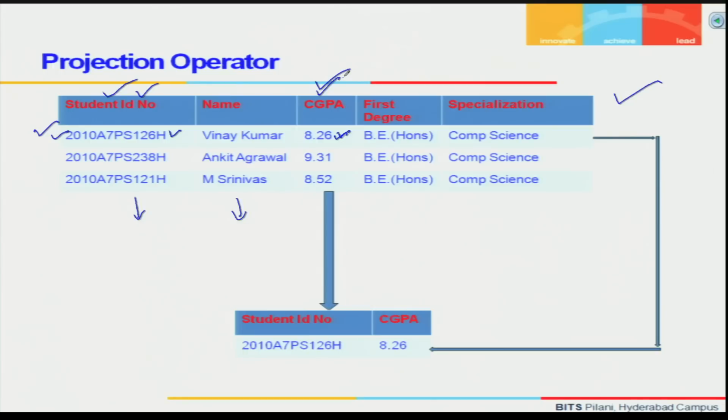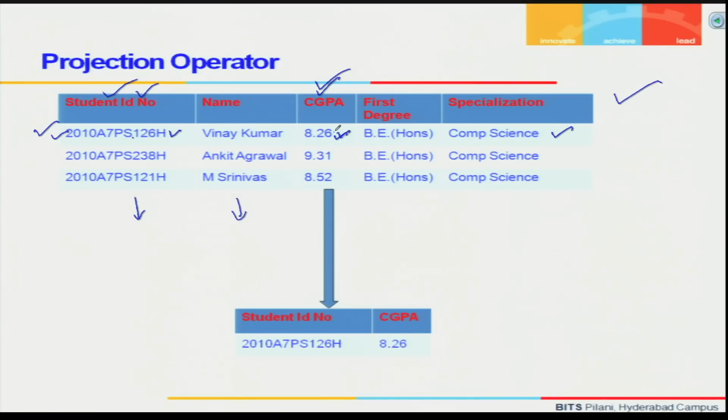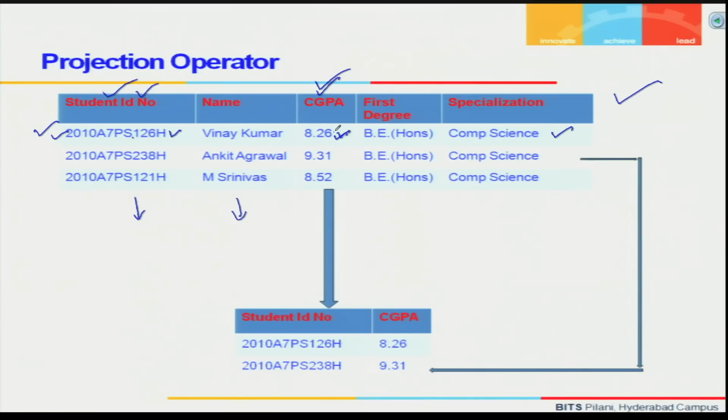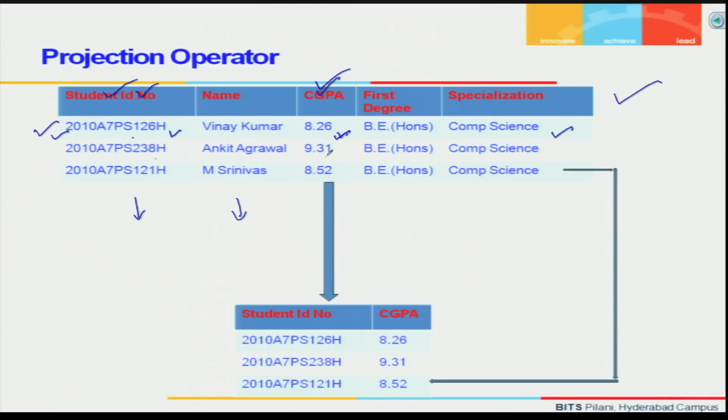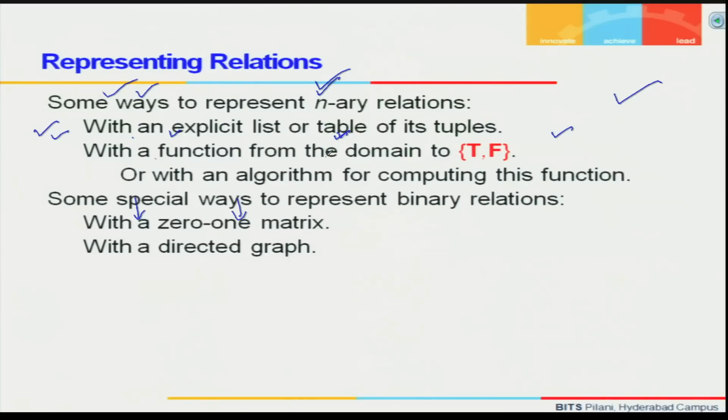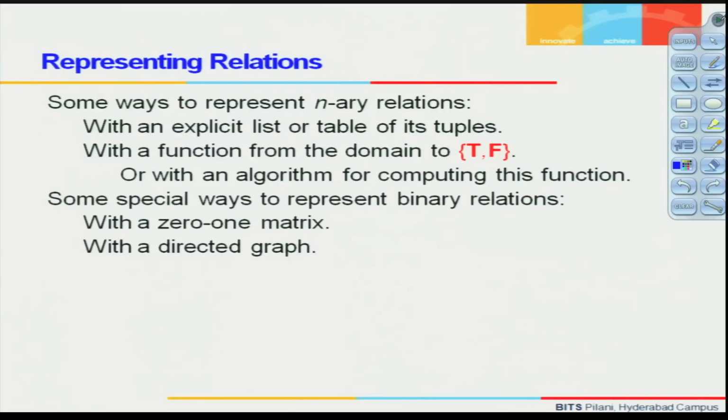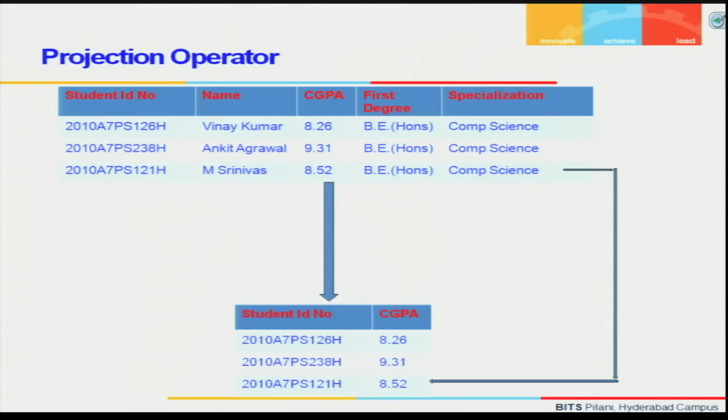This is what this operator is doing for each tuple. It goes to each one and takes only the student ID number and CGPA data, and it goes here and takes only this, and here and takes only this. This is what a projection operator is, and it has direct significance in SQL, structured query language.